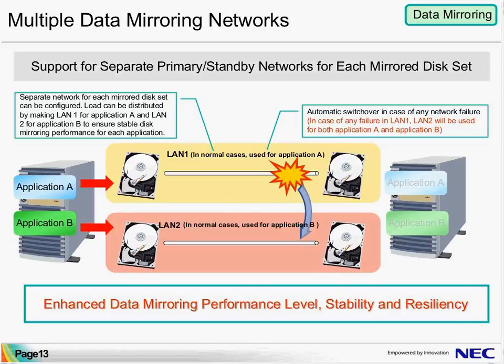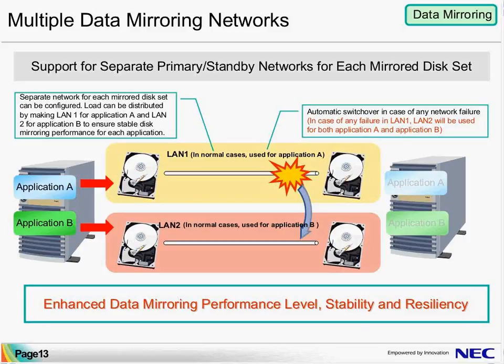All right, and for each disk that is mirrored, ExpressCluster can also support a backup network path to provide an even higher level of network disruption resiliency. As shown in this slide, data mirroring would normally go over the primary network link, but when that network is disrupted for whatever reason, ExpressCluster will automatically redirect the mirroring traffic to the backup network link for that particular mirror disk.